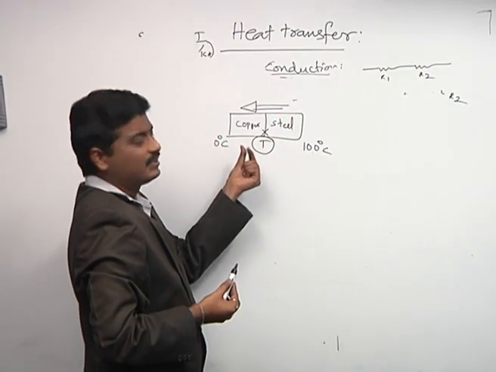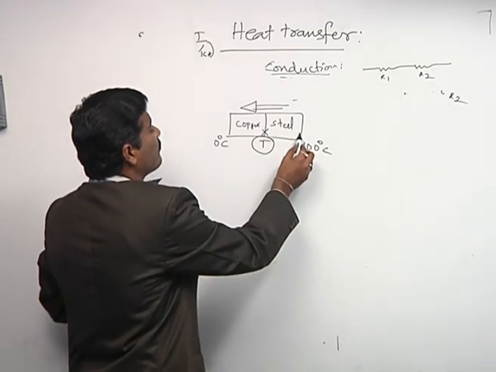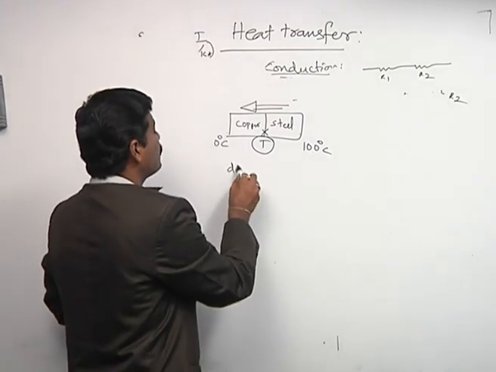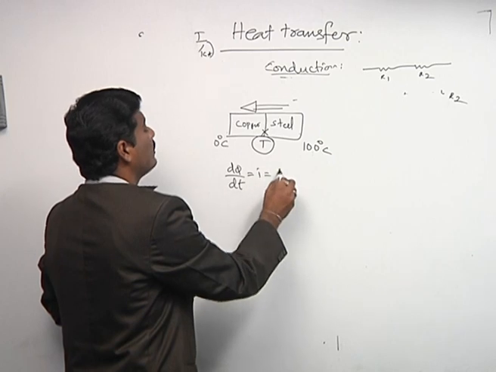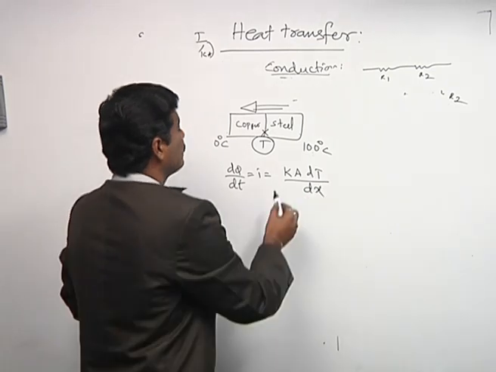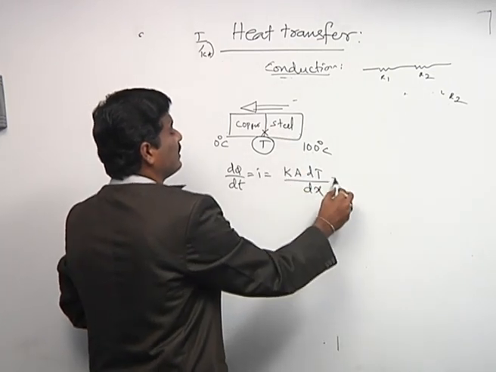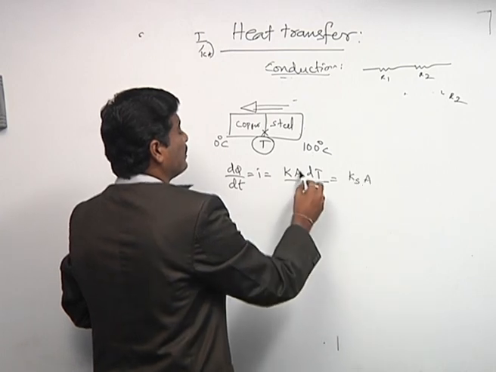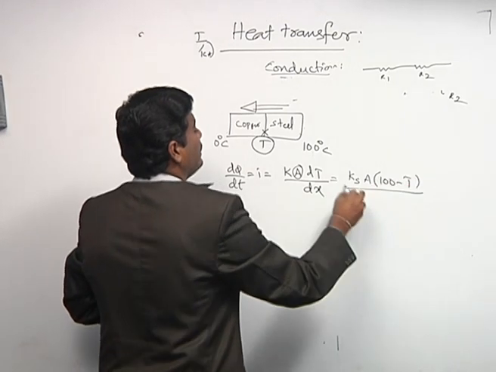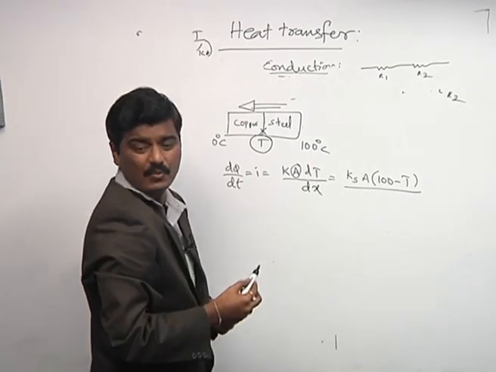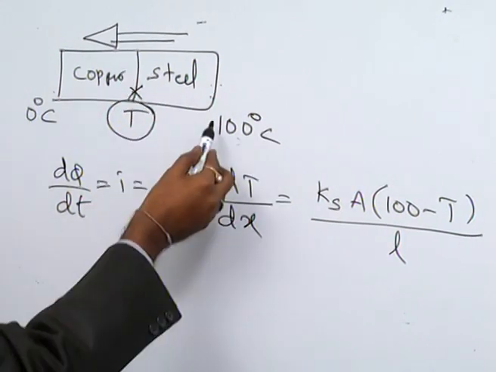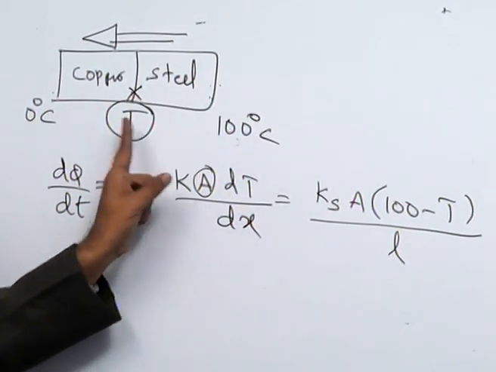After reaching the steady state, the heat current should be uniform from this end to this end. How can you find that heat current? dQ/dt, let this be I, is equal to K A dT/dx. So, first for the steel rod, we take the Ks value, the area of cross section A here, and dT we take as 100 minus T, and dx, the length, both have the same length L. This current flows from the steel rod, which is maintained at 100 degrees centigrade, to temperature T here.